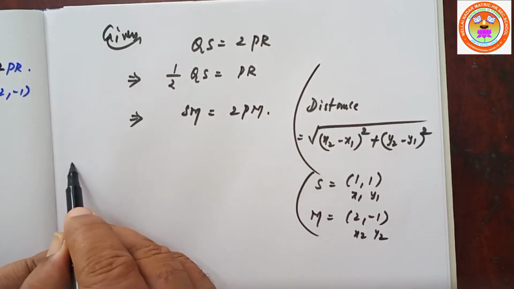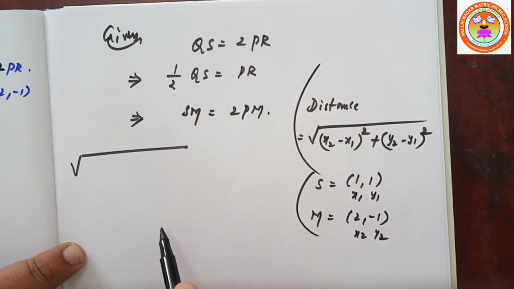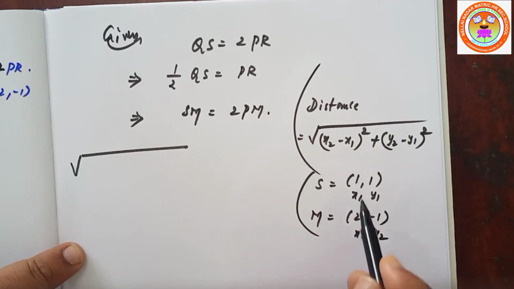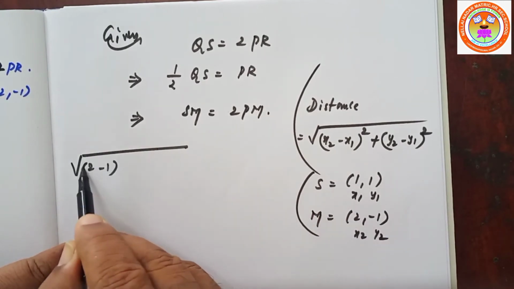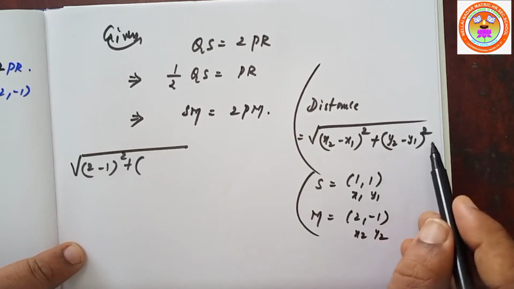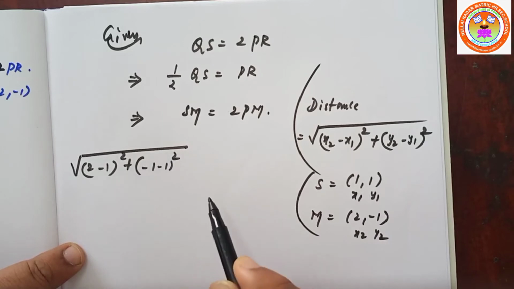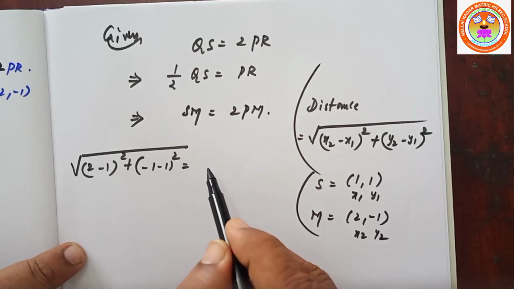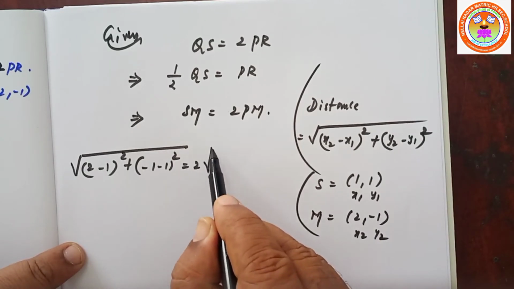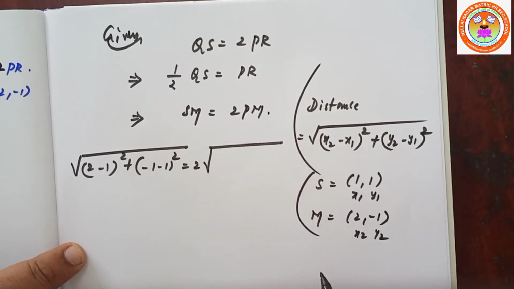Substituting: the square root of (2 minus 1) the whole square plus (minus 1 minus 1) the whole square, that is equal to 2 into root of PM.